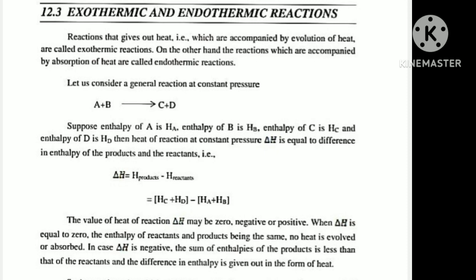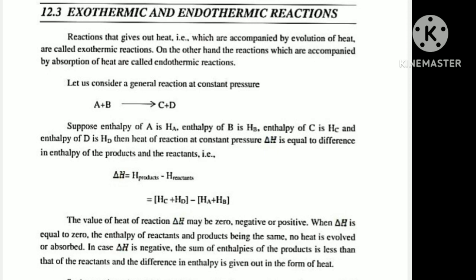Let us consider a general reaction at constant pressure: A plus B gives C plus D. Suppose the enthalpy of A is HA, enthalpy of B is HB, enthalpy of C is HC and enthalpy of D is HD. Then the heat of reaction at constant pressure, delta H, is equal to the difference in enthalpy of products and reactants. Delta H is equal to H products minus H reactants.